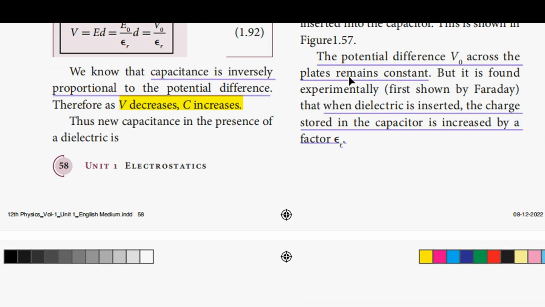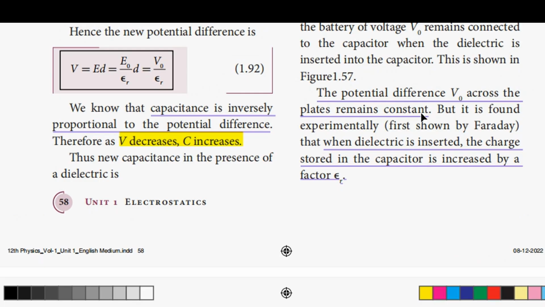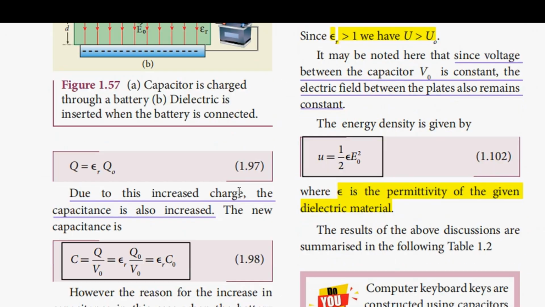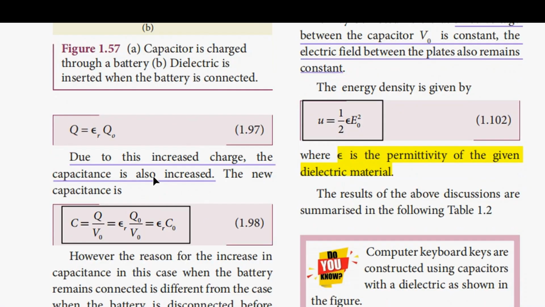So the potential difference V0 across the plates remains constant, but it is found experimentally that when the dielectric is inserted, the charge stored in the capacitor is increased by a factor of epsilon r. Here, the expression is given by Q equal to epsilon r times Q0. Due to this increased charge, the capacitance is also increased. So the new capacitance has a value given by C equal to epsilon r times C0.